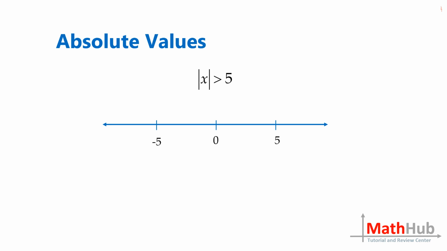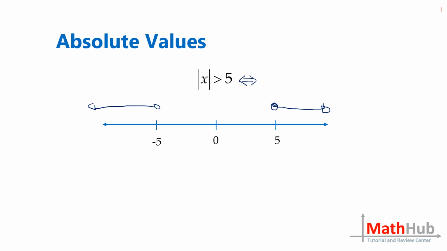Where are those numbers whose distance from 0 is greater than 5? They are these numbers, this one is not included. The numbers less than -5, or the numbers which are greater than 5.